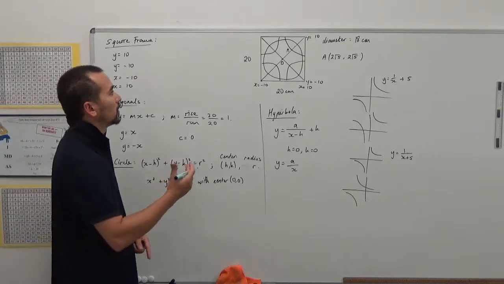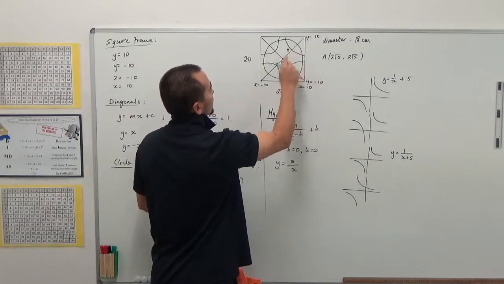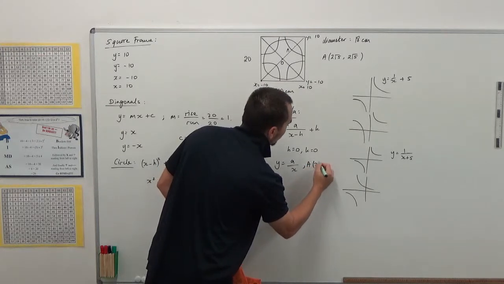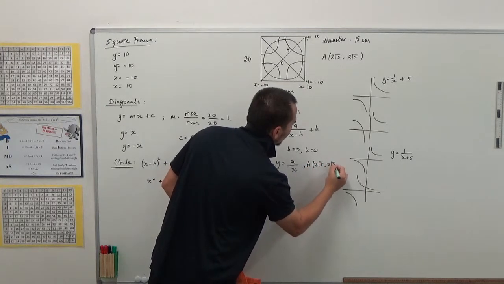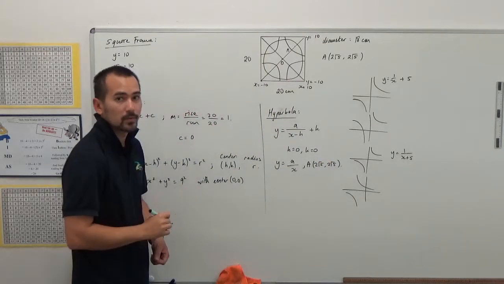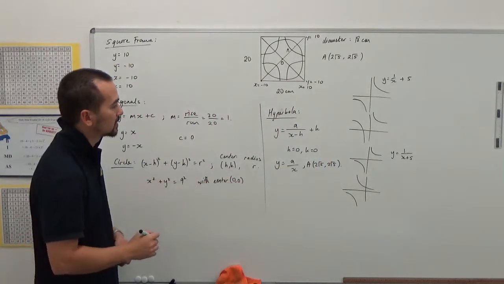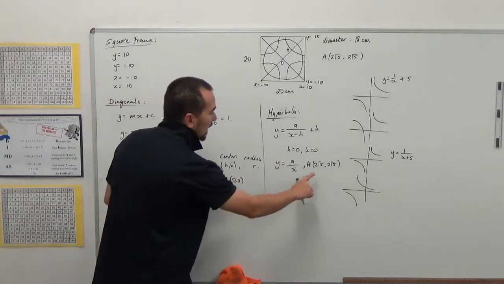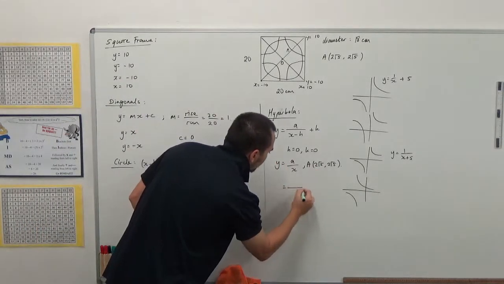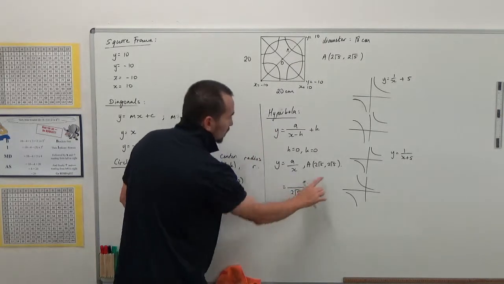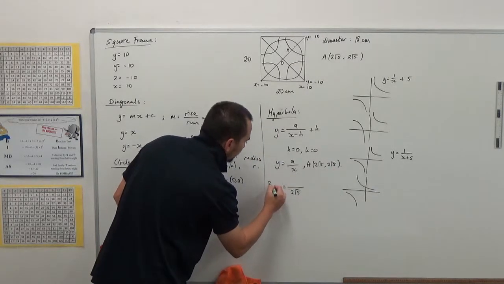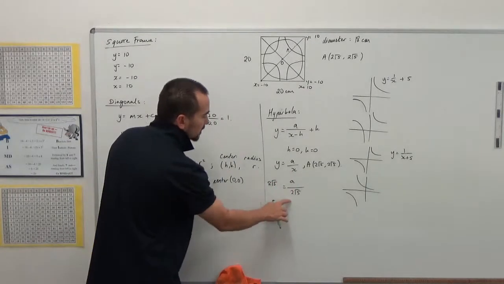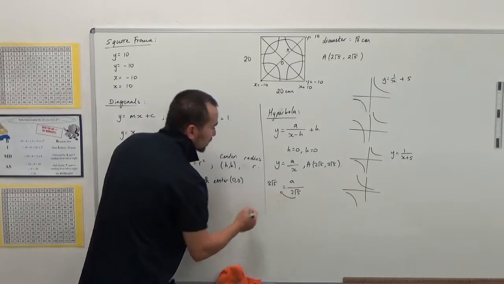But we are given a coordinate on this hyperbola. We're given capital A is (2 root 5, 2 root 5). So what can we do with that coordinate? We can plug it in and see if we can solve for small a. So when x is 2 root 5, y is 2 root 5, and we can solve for a by rearranging the equation, moving the denominator over.